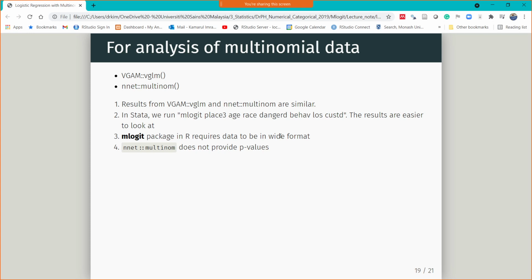One is VGAM. I think VGAM stands for Vector Generalized Additive Model, I forgot already. Okay, VGAM, nnet, and mlogit. The one that I bolded there too, mlogit.